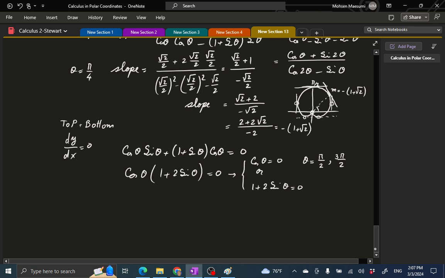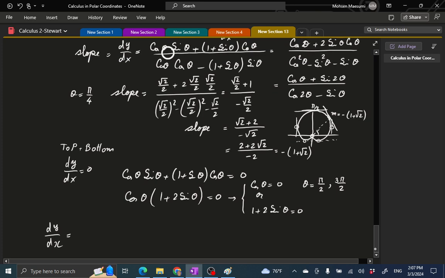So let's rewrite dy/dx. We had this expression: cosine theta times sine theta plus 1 plus sine theta times cosine theta, divided by cosine theta minus 1 plus sine theta times sine theta. Okay, that's fine.